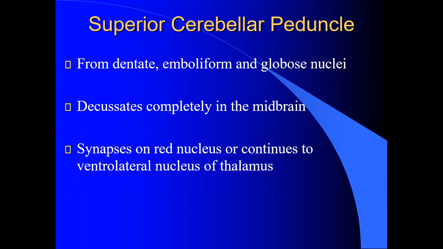So the ventral posterolateral was somatosensory. The ventral posterior medial was the one that we talked about from the trigeminal pathway. The ventral lateral is the one that participates in motor control, all right?